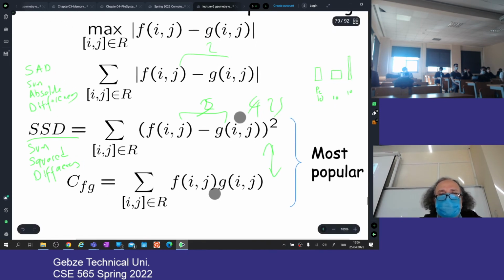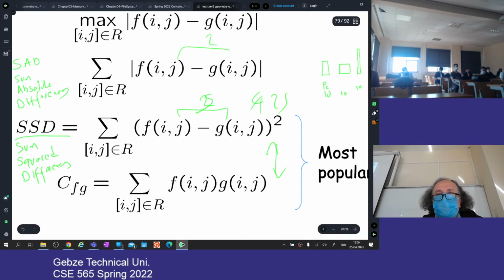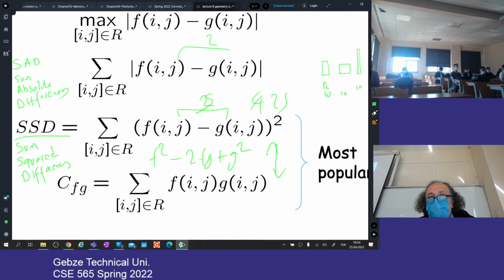And well, let's get it. Let's open this up. It is f squared minus 2fg plus g squared, right? We say that f and g are images. I mean, they are not talking to each other. Let's ignore these two.